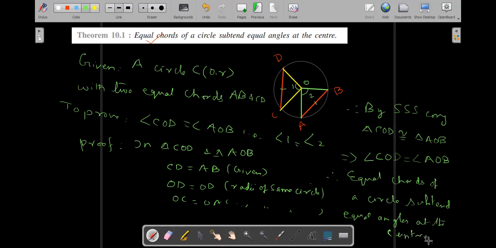Finish this theorem. Okay. So that's all for today.